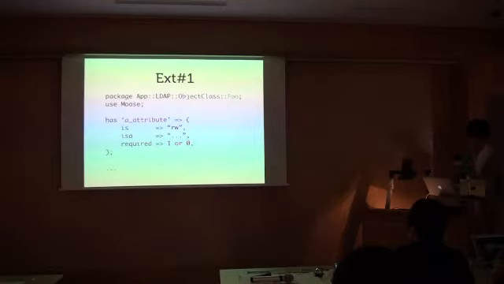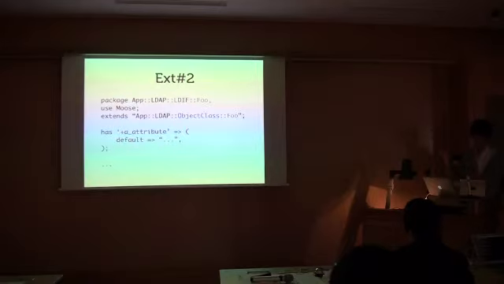So it's very clear now how you can extend LDAP on your own. The first step is to write your object class under the LDAP object class namespace and describe its attributes.